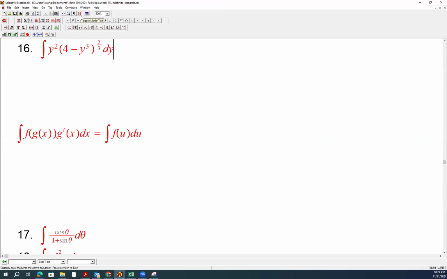We have accumulated some experience by this time. So we're going to introduce u equals the entirety of the parentheses, which is 4 minus y raised to the power 3. So du would equal -3 y squared dy.